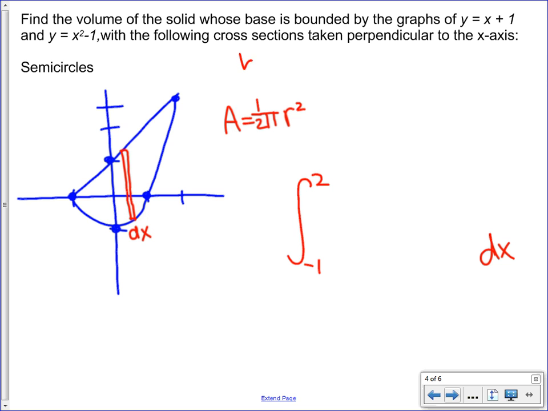We already know that this base is negative x squared plus x plus 2. Top minus bottom, that's the base of our semicircle now. Okay, Brady, what does that represent in terms of our semicircle? Diameter. Very good. So if I want 1/2 pi r squared, what are we going to have to do with that?